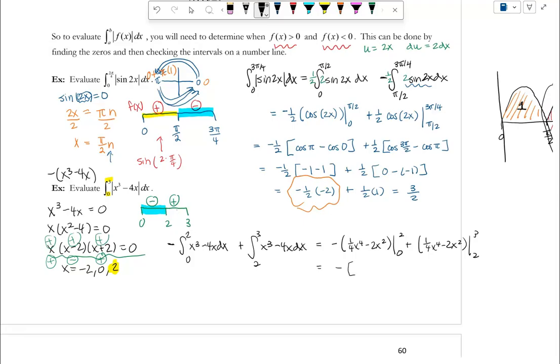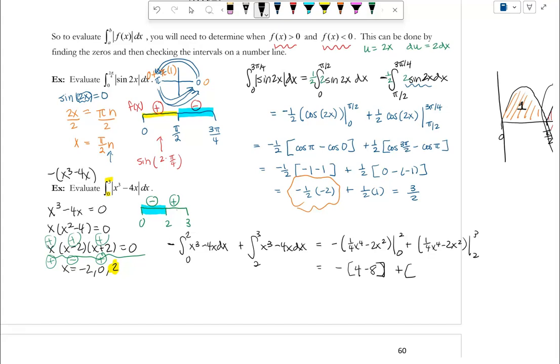Let's see, I get 2 to the 4th power divided by 4. So that's 2 to the 4th divided by 2 squared, which is just 2 squared. So I get 4 there. Minus 2 cubed, essentially. So minus 8. And then I'm going to add to that 3 to the 4th divided by 4.